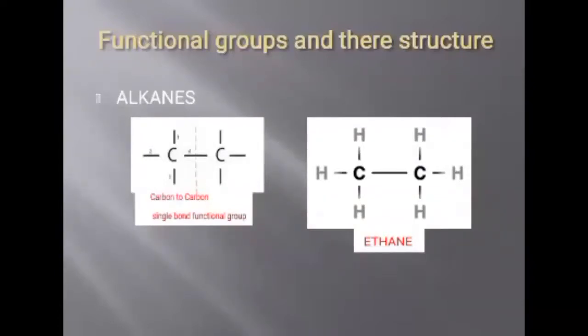So the alkane has carbon to carbon single bond as the functional group, and in reactivity, the single bond also determines the kind of reaction that will occur in a compound. So anytime you see a carbon to carbon single bond, it automatically tells you that the compound belongs to a family of organic compounds which we call the alkanes.